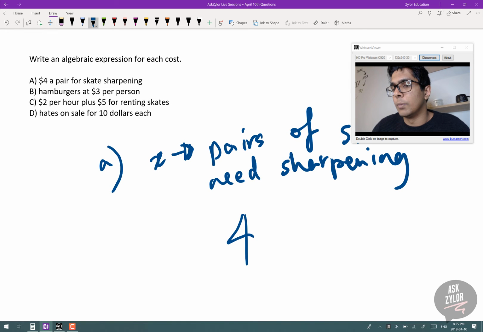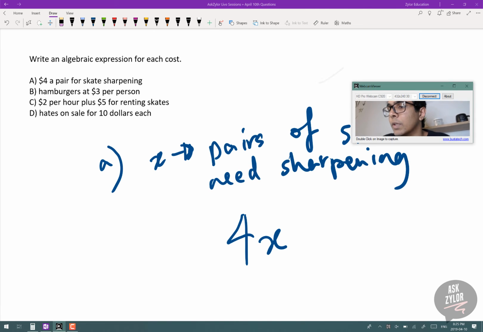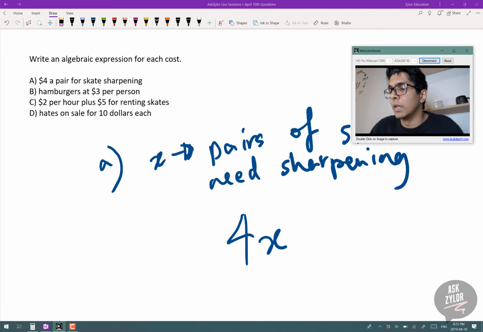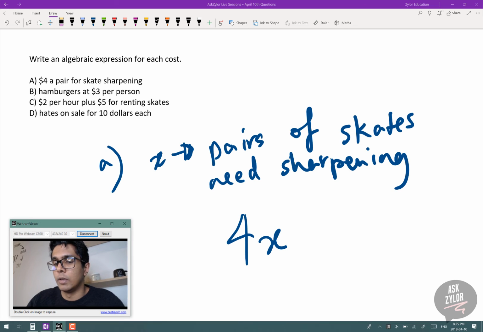So that means my cost will be 4 times x. If I want to get the cost for how many pairs of skates I can get sharpened, it's just 4 times x, and x is how many pairs need to be sharpened in total.